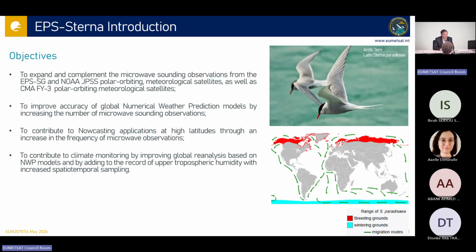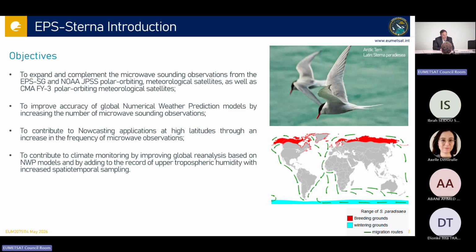The main objective of the mission is essentially to complement observations from our backbone missions, in particular EPS-SG, NOAA, and also the Chinese meteorological satellites. By doing so, we will provide a wealth of data which would improve global numerical weather prediction models as well as nowcasting applications, especially at high latitude.